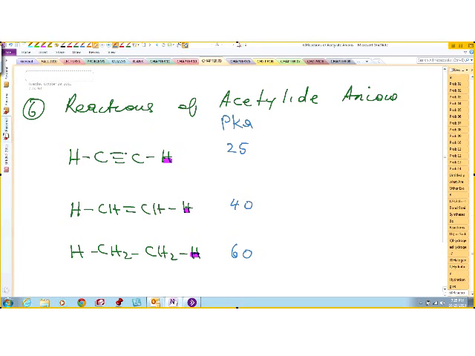And therefore, we could take advantage of this by reacting this molecule here with a base to abstract this hydrogen and then form a nucleophile. Okay. For example, I could take potassium hydroxide.